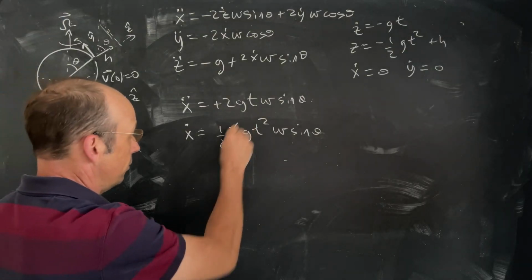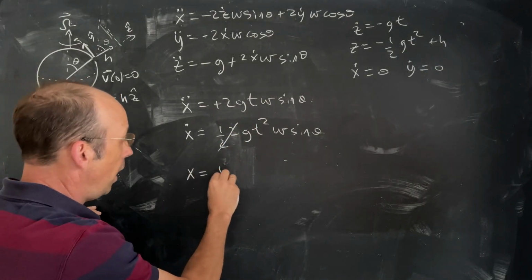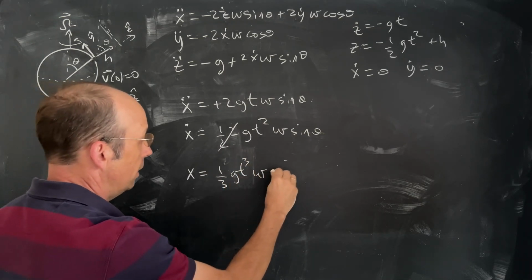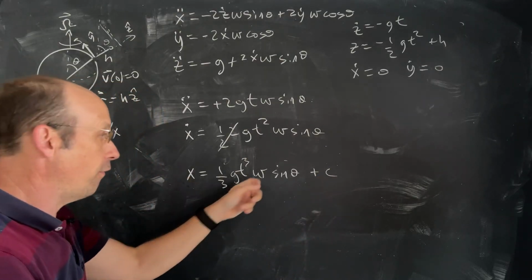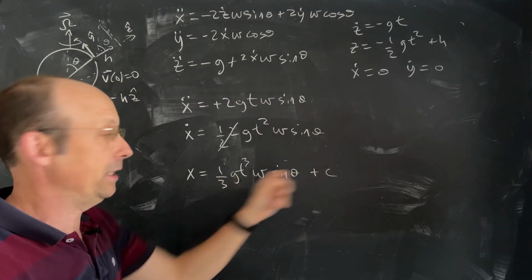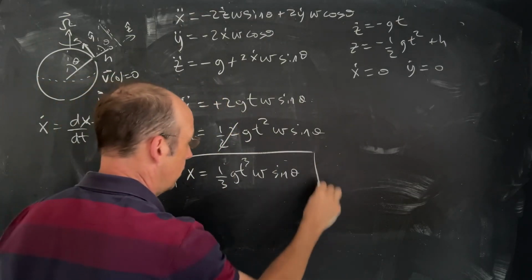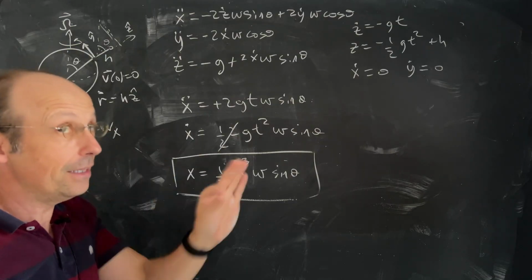And the 2's cancel. Now I can integrate again. X is going to be equal to 1/3 g t cubed omega sine theta plus c. But at t equals 0, c has to be 0 because x is 0. So that's 0 too. But there, we have it. That's my x position as a function of time in this approximation.